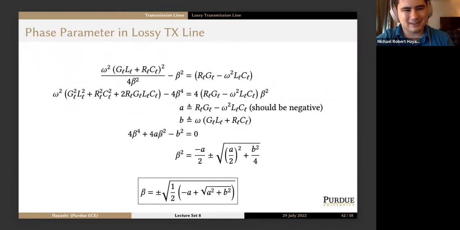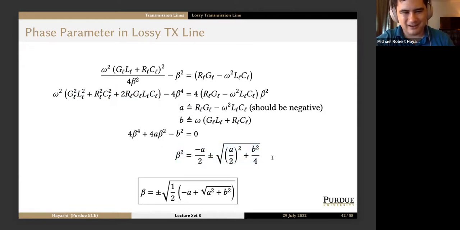You work this out and you rearrange this, you get 4 beta to the 4th plus 4A times beta squared minus B squared is equal to 0. This is a quadratic equation in beta squared.